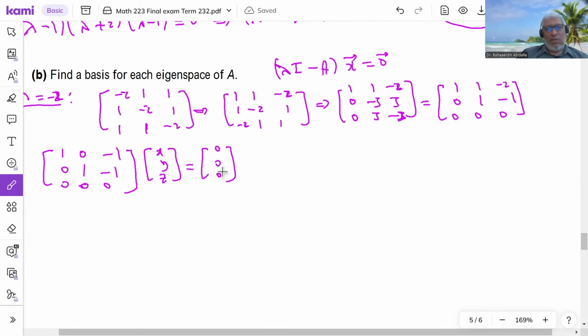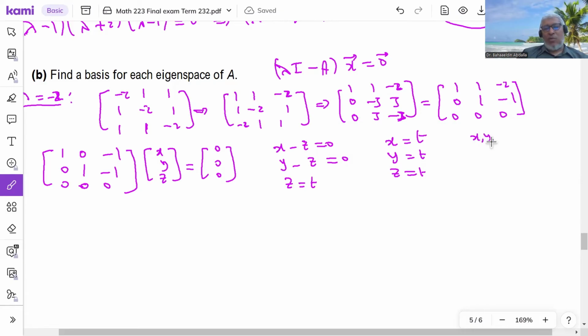This is a homogeneous system. What would be the solution? The equations are x minus z is 0, multiplying the first row by the first column. Then y minus z is 0, and z is a free variable. There is no leading one, so z is t. So the solution would be x is t, y is t, and z is t.